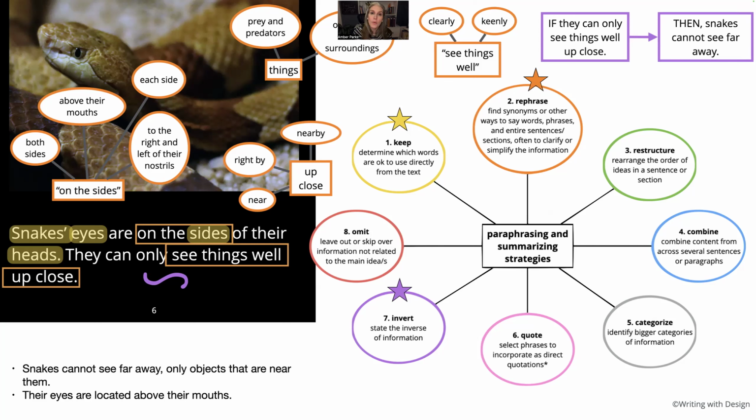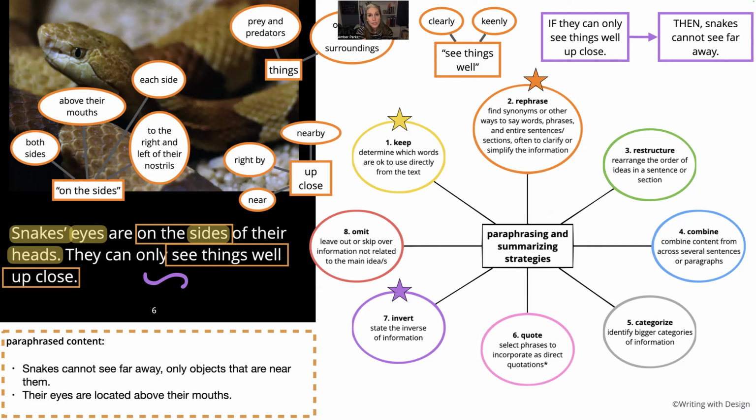So that could be a way that we share the inverse. Same concept, same information, but we are just stating the inverse of it. So there you have it below in the paraphrase content. Great information that was shared in the original, but now in our own words.